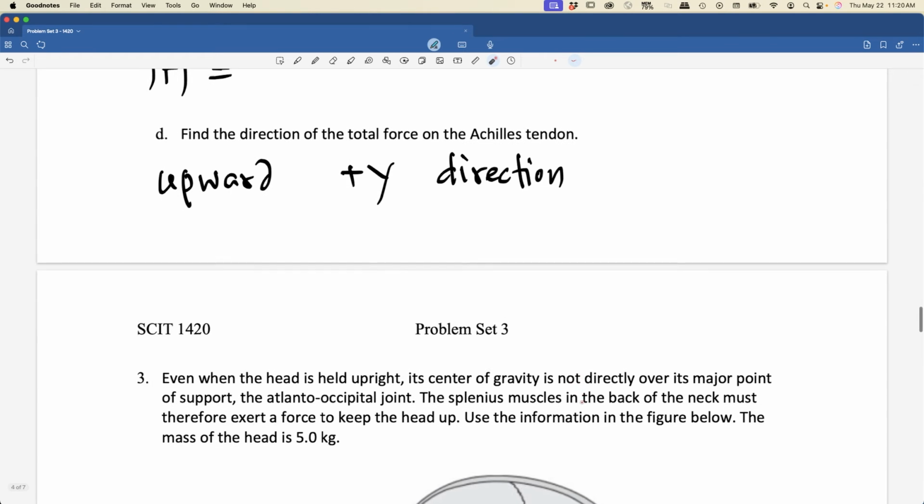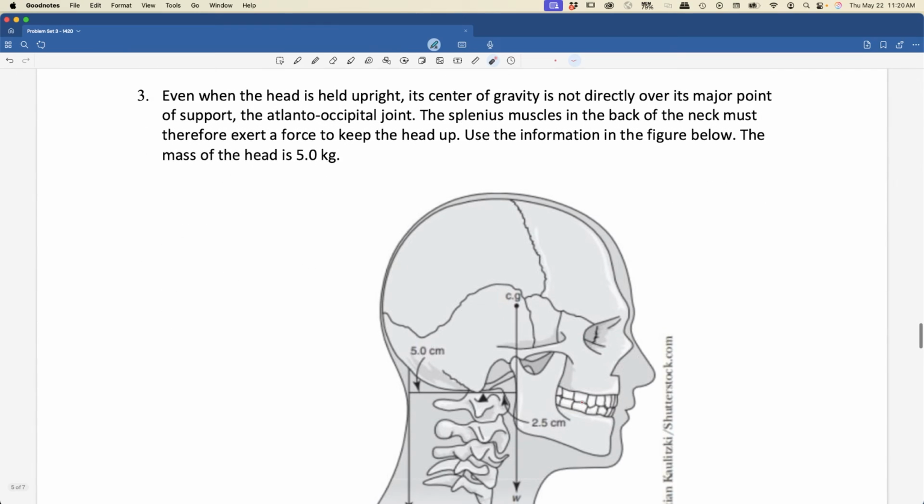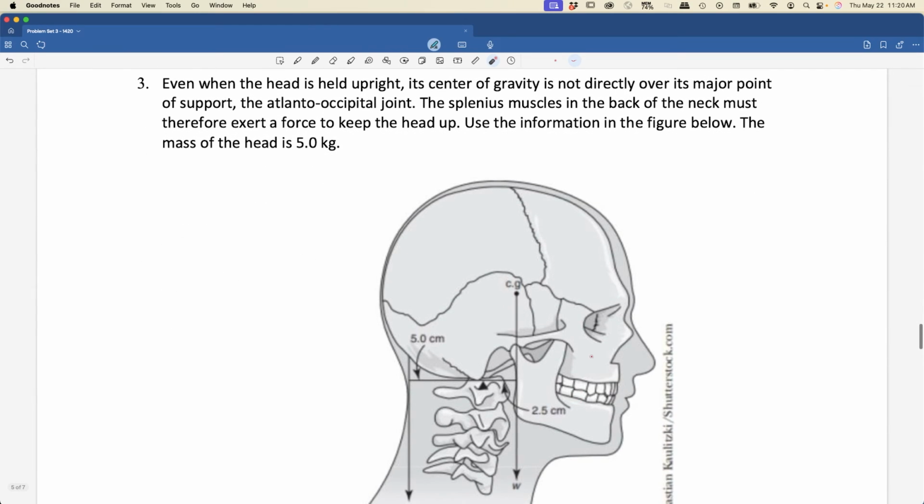In this diagram, you have the head held upright and its center of gravity, which is here, is not directly over its major point of support. You see, the point of support is here, but the center of gravity of the head, which means where the weight of the head is acting, you see, look down, you can see the weight of the head is acting through the center of gravity, but the support is here.